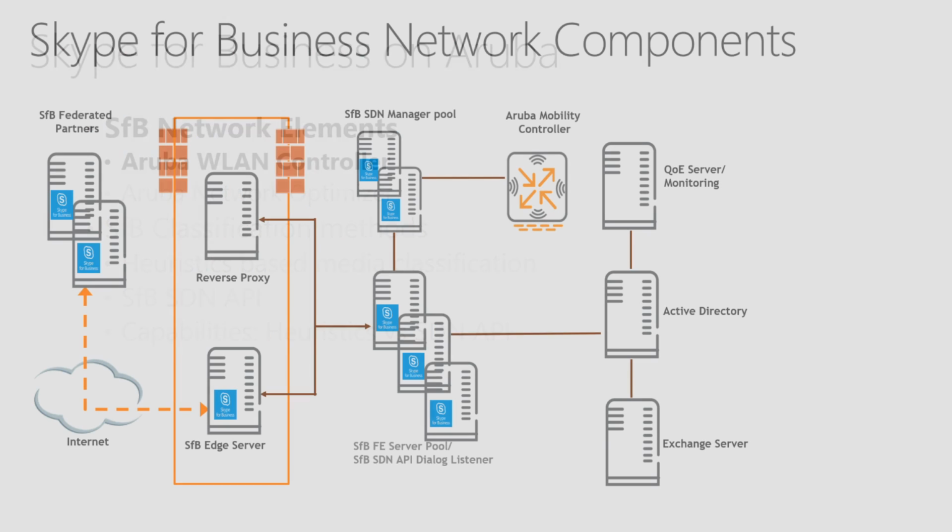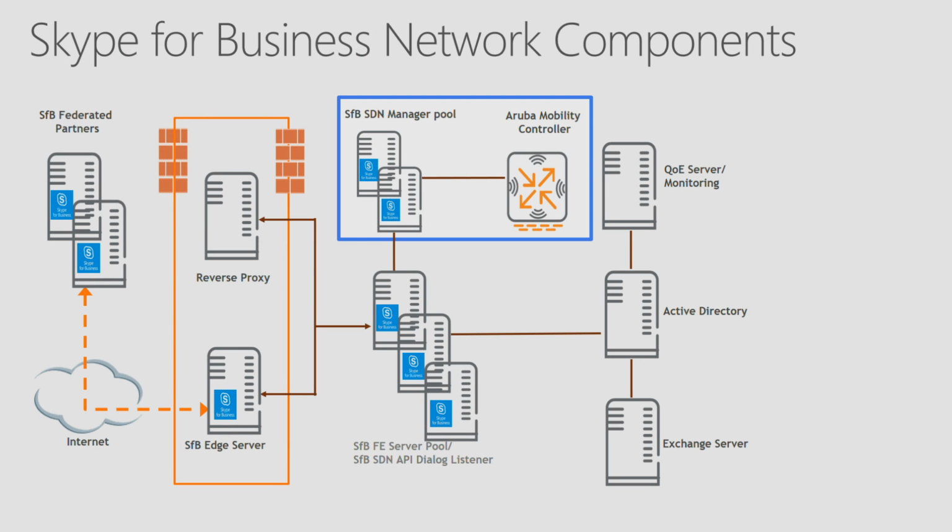So how do you do it on the Skype for Business over Aruba, right? The entire architecture I have drawn here is the Skype for Business architecture. The front-end server is here, the quality of experience server is right there, Active Directory, the Edge server.